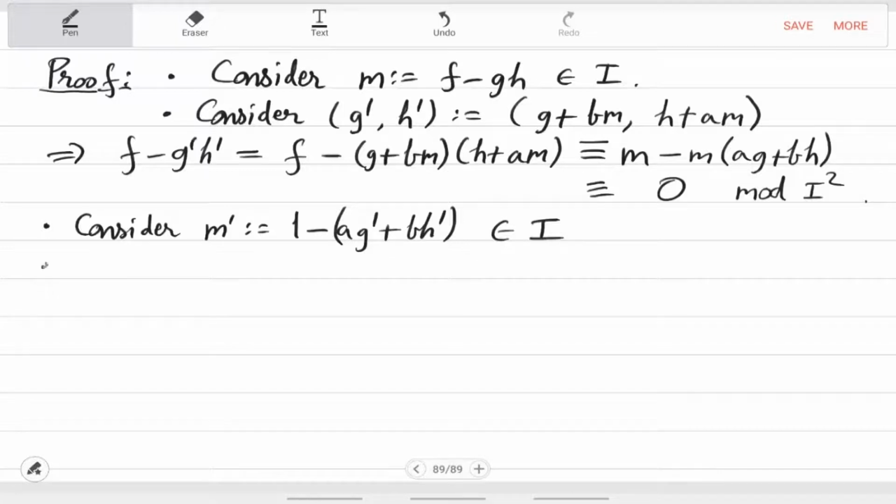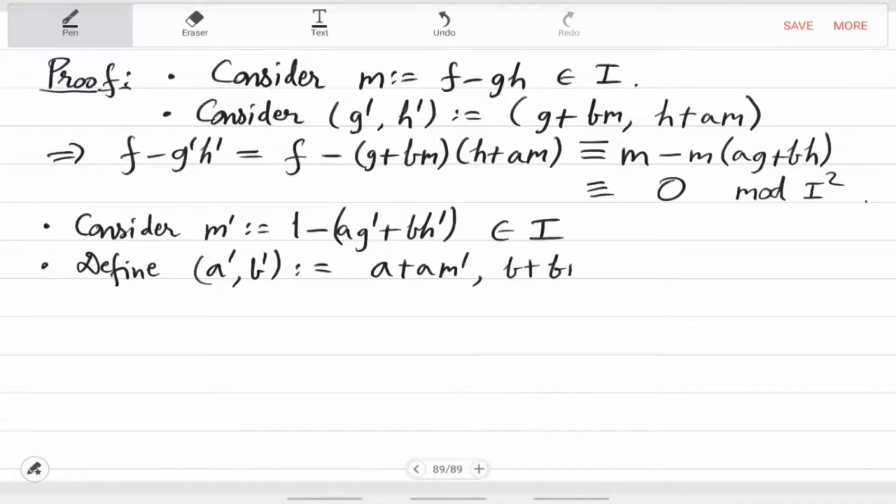So define a prime, b prime as follows. And then just check what you are getting when you calculate a prime g prime plus b prime h prime.